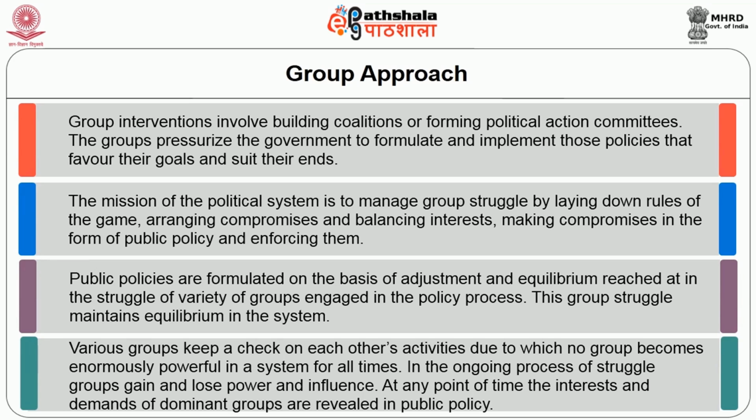In a system, for all times, in the ongoing process of struggle, groups gain and lose power and influence. At any point of time, the interests and demands of dominant groups are revealed in public policy or reflected in policy as such.